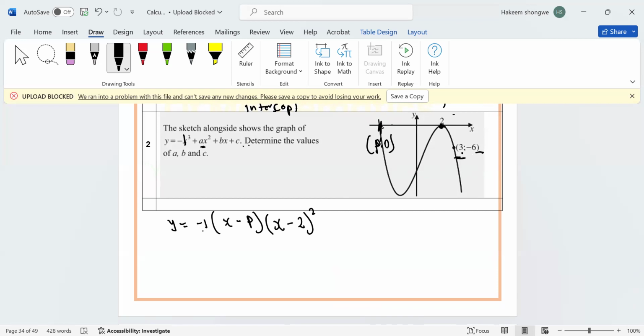I'm going to tell them I have minus 6, which is going to be minus 1 again. And then I'm going to have 3 minus P. And then I'm also going to have 3 minus 2 all squared. And then if you continue with this thing here, this one and this one gives us 1.